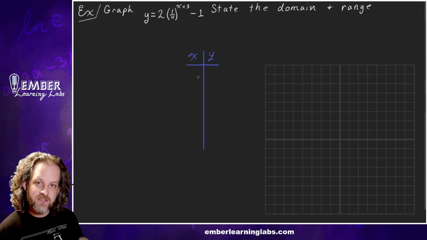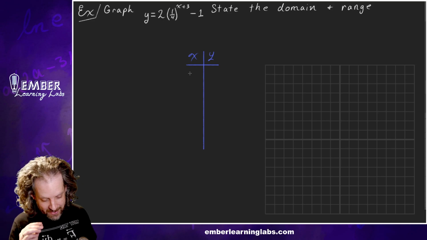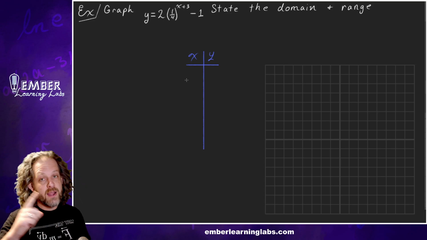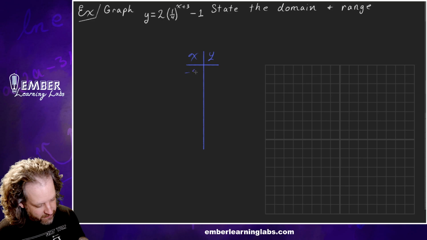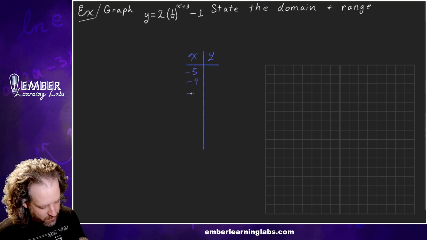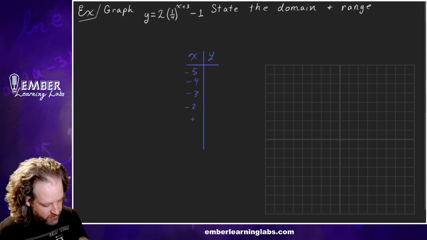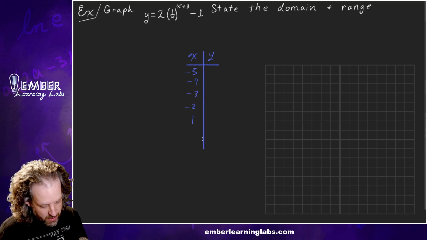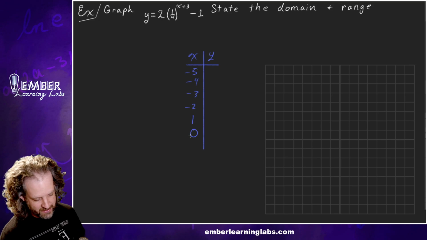So instead of starting at negative 2, we're going to start 3 more than that. So how about negative 5, negative 4, negative 3, negative 2, 1, 0 to get that y-intercept in there.